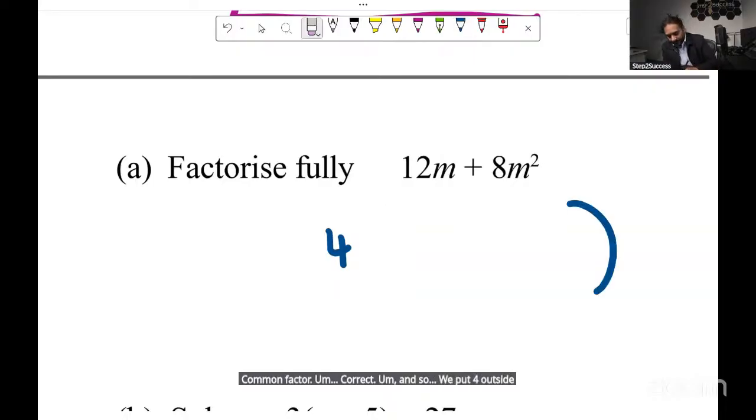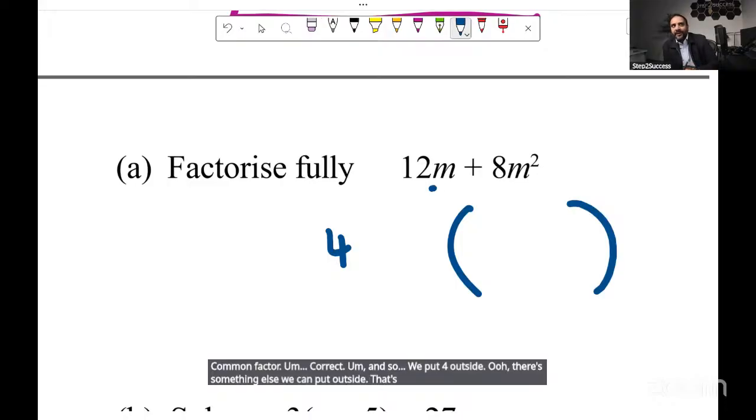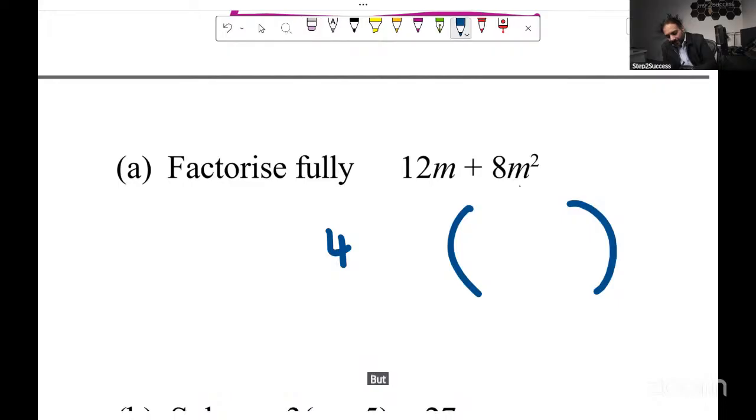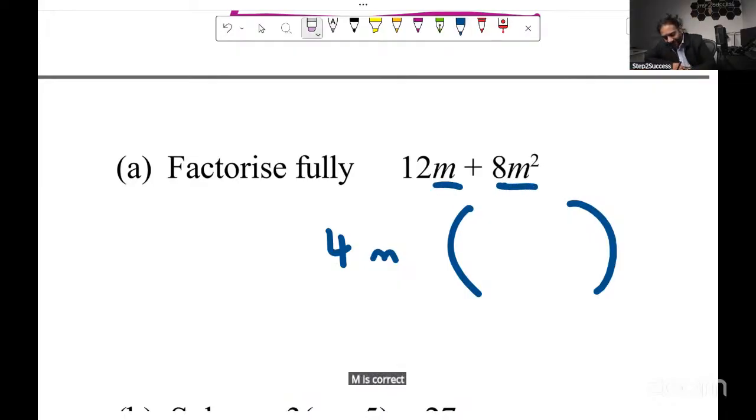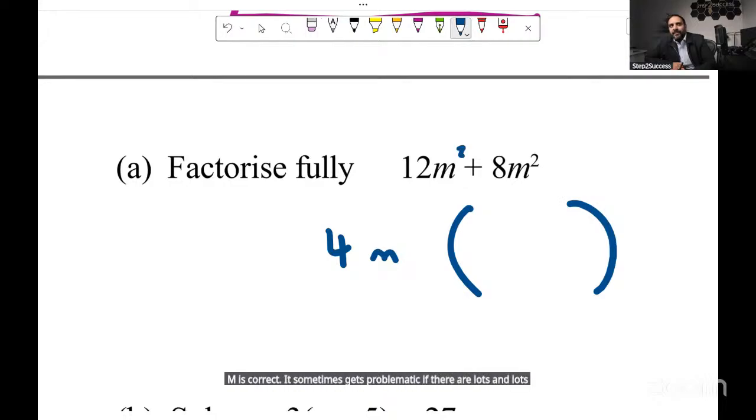Oh, there's something else we can put outside. That's the numbers. Then we look at the letters. Okay, and this can get quite complicated to explain. But when you have letters more than once here, okay, you can take out the letter as well. Now, in this case, what you do is you look at M. It sometimes gets problematic if there are lots and lots of big numbers on these, okay?